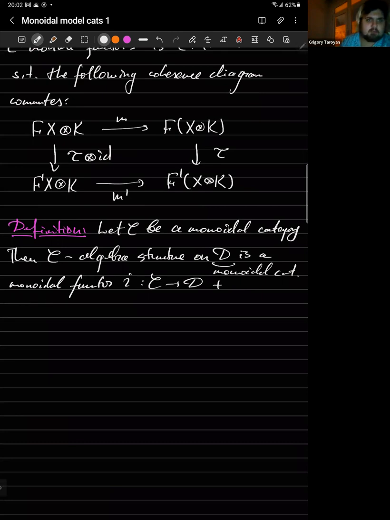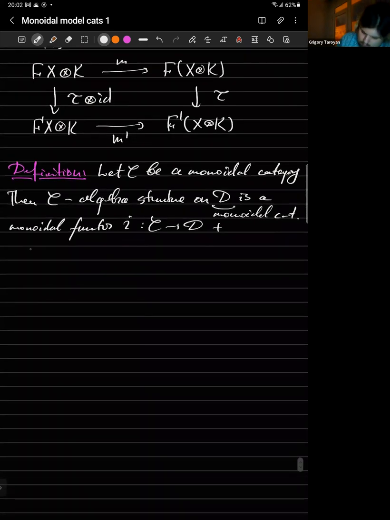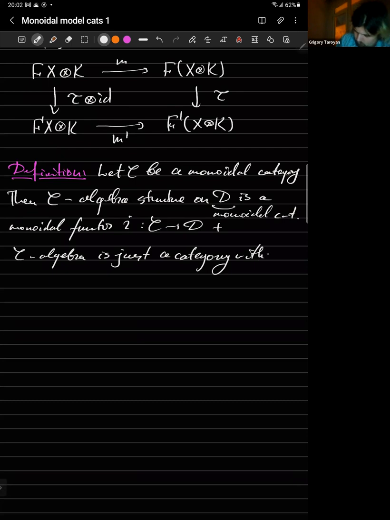We have a monoidal functor I from C to D, and a C algebra is just D with the algebra structure on it.